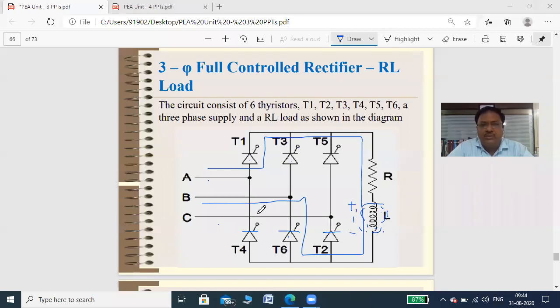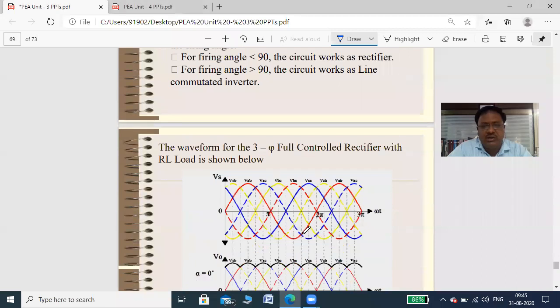Now, what happens whenever A becomes negative? T1 should be turned off by natural commutation. But because the inductor stores energy, whenever terminal A becomes negative, immediately the polarity of the stored charge gets reversed and the inductor will continuously deliver the energy that we have seen here.